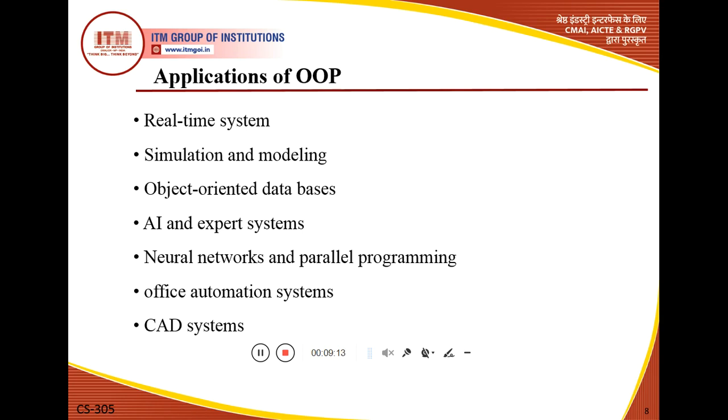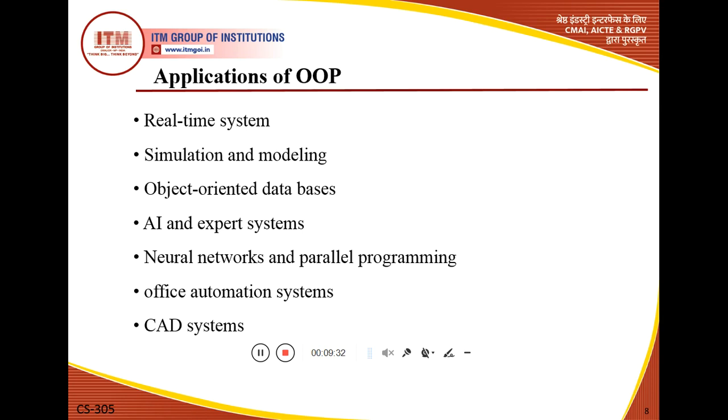If we want to generate any type of database on the basis of objects, this type of application will be created. AI and expert systems are another application. In these systems we will use the concept of object oriented programming.